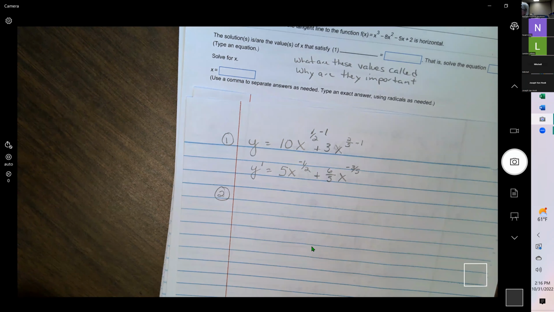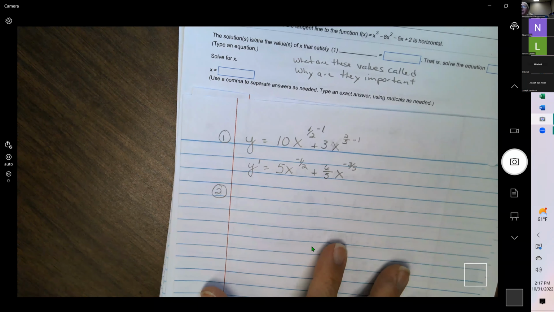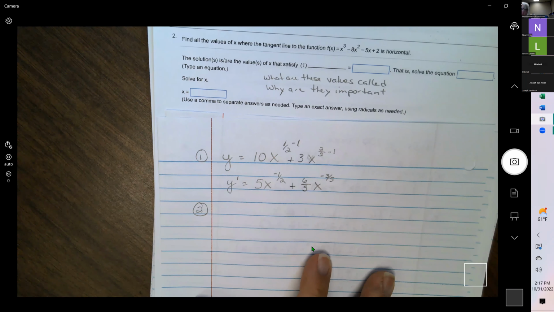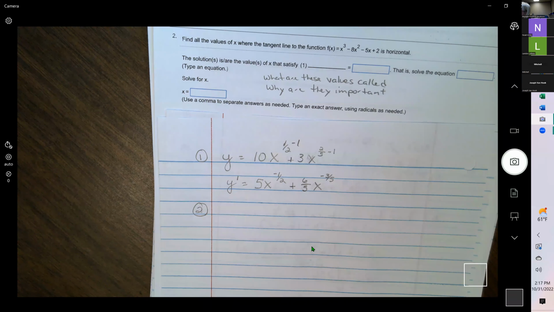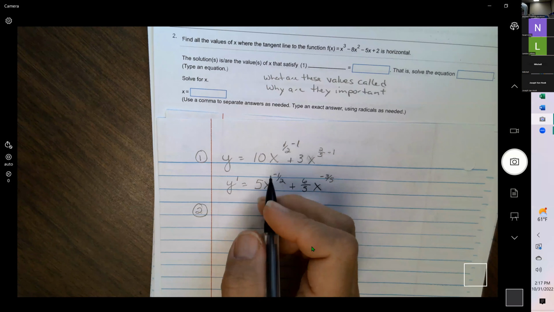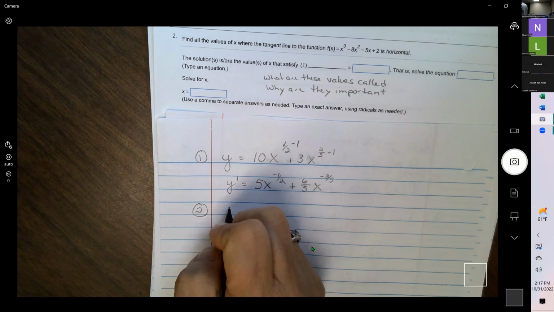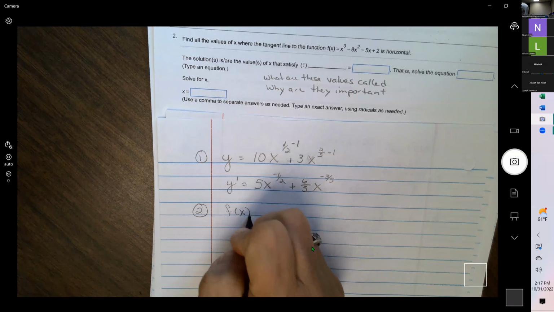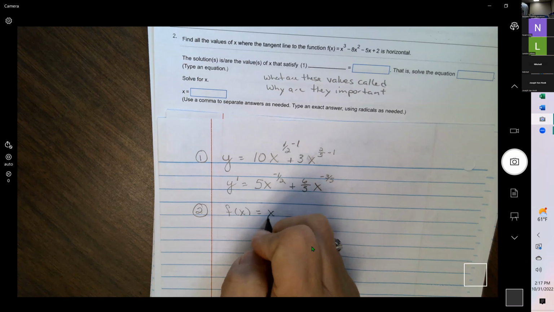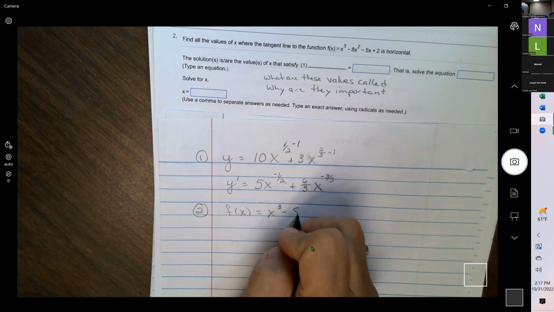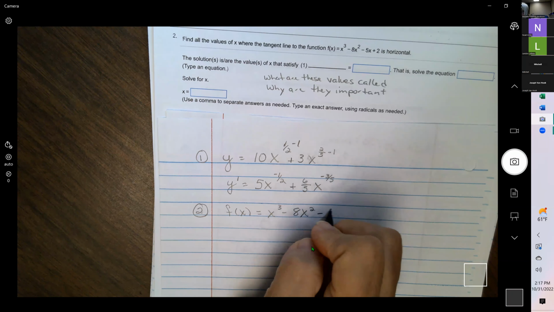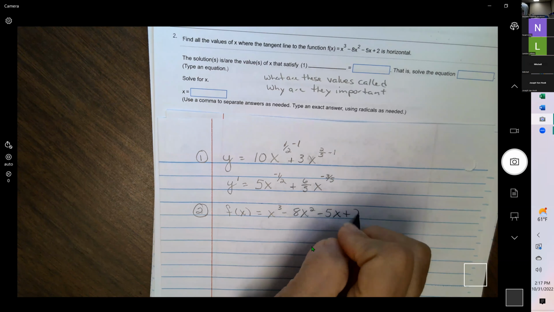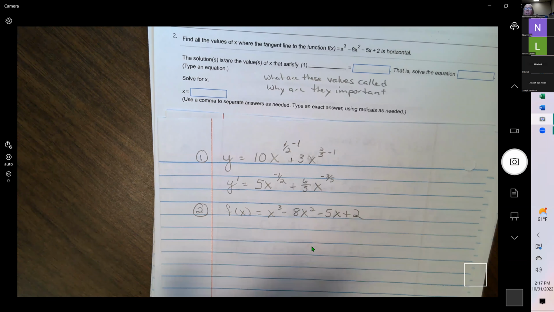Find all the values of x where the tangent line to the function f of x equals x cubed minus 8x squared minus 5x plus 2 is horizontal. Slope of the tangent line, take the derivative.